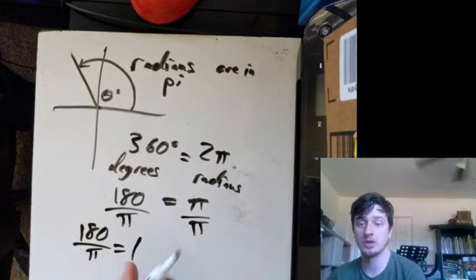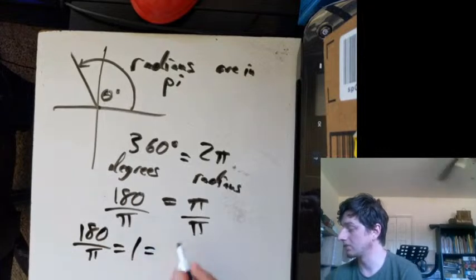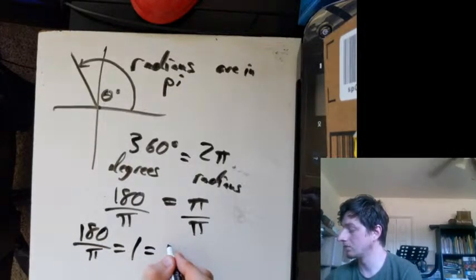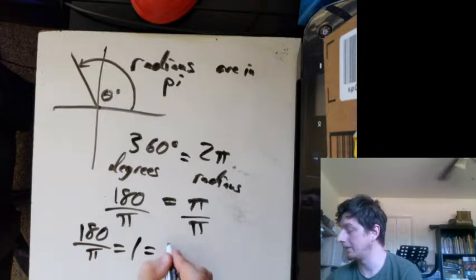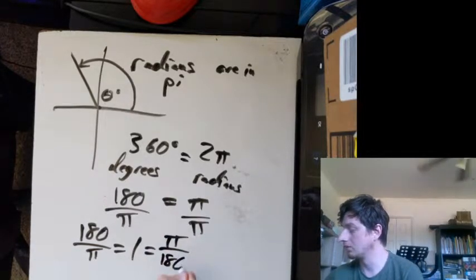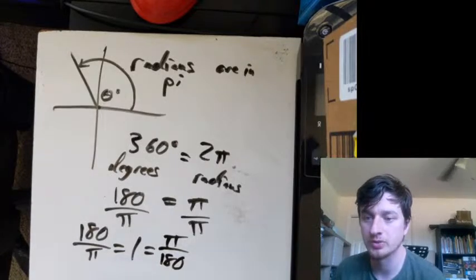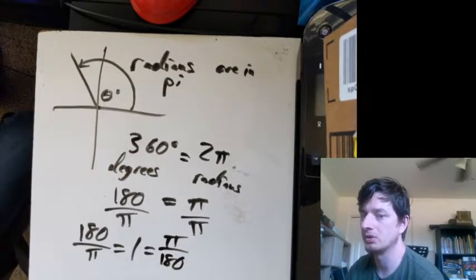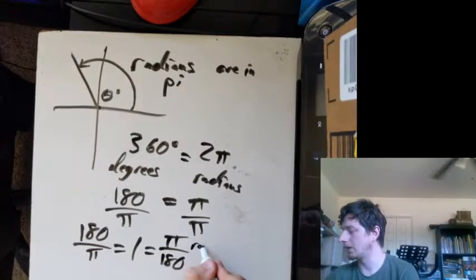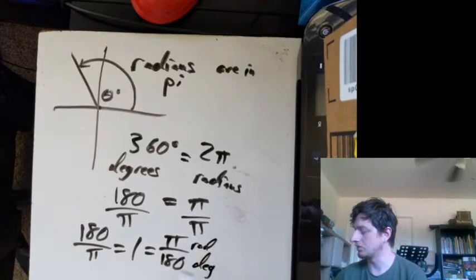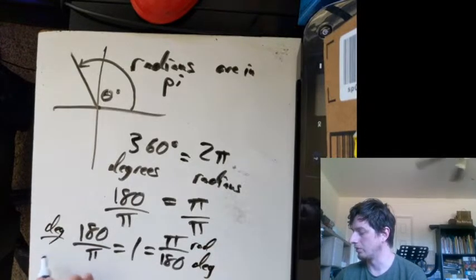Or if I divide by 180 on both sides, we get pi over 180. These would be the same, right? Now they don't look the same, but it's because their units are the same. So this would be rad over degrees, and this would be degrees over radians.